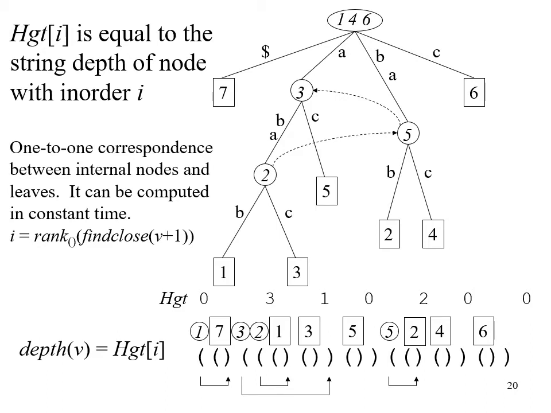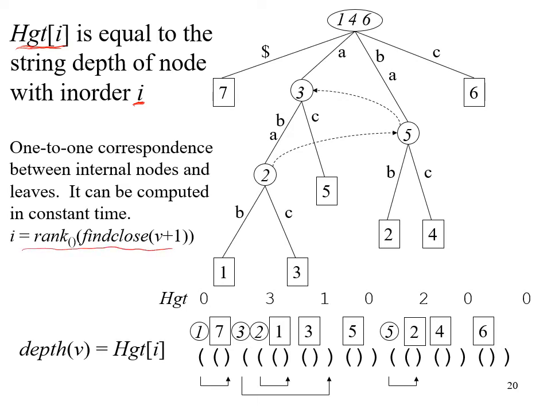The important property is that height I is equal to the string depth of the node with in-order I. So to compute the string depth of a node, if we know its in-order, then we can obtain the string depth by looking at height I. The in-order is computed by this formula.